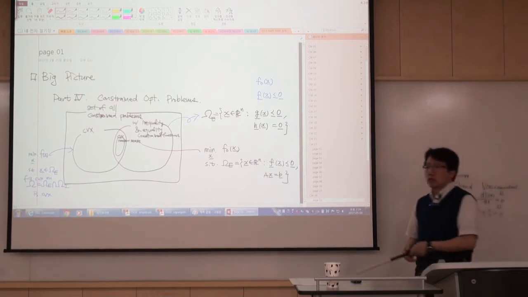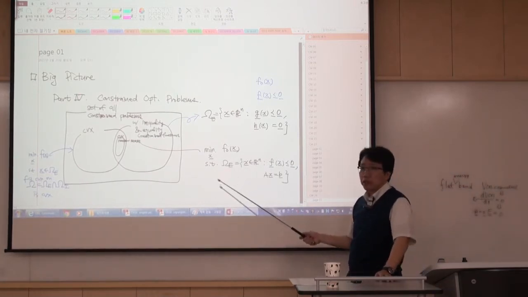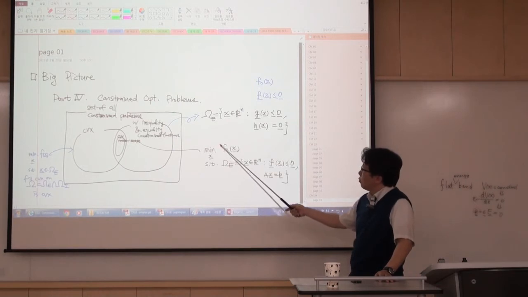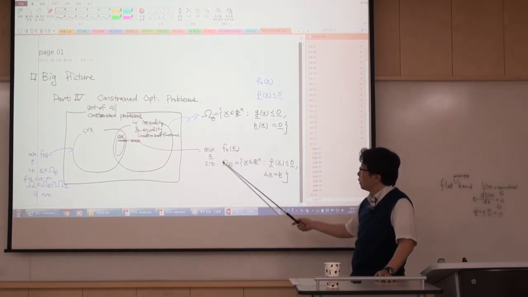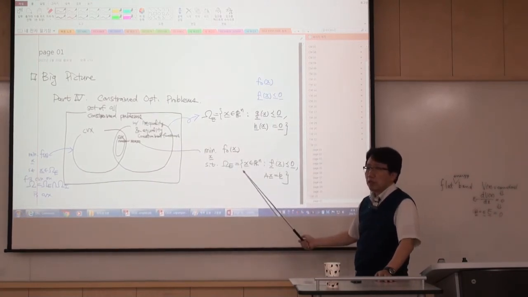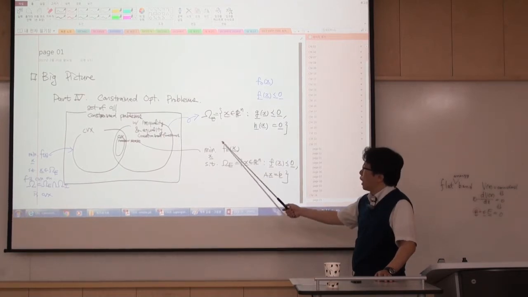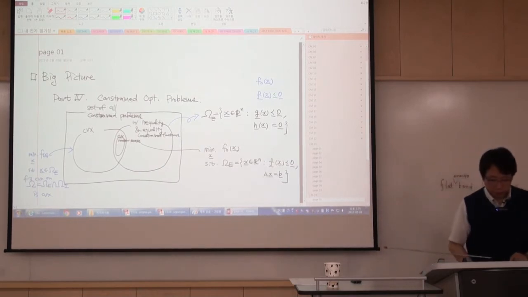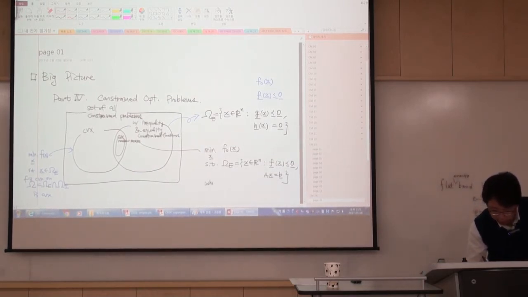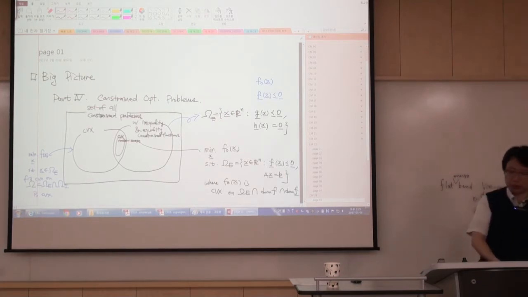Got it? So Boyd's convex optimization problem considers minimization of a convex function on the intersection of this explicit constraint set and the domain of F0 and F. So F is convex on omega intersected with the domain of F and the domain of F vector.